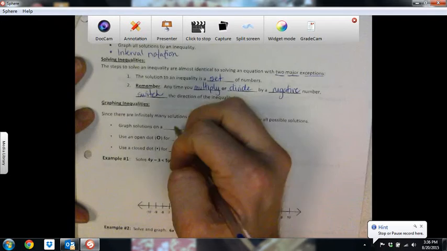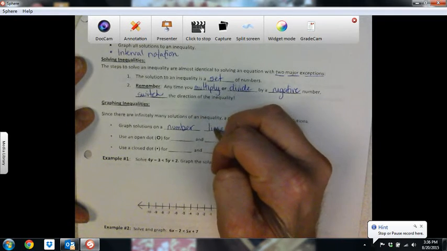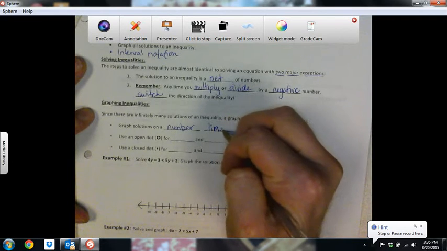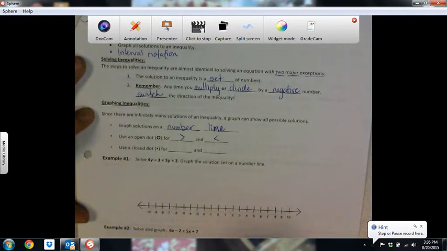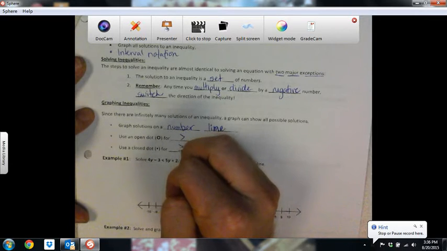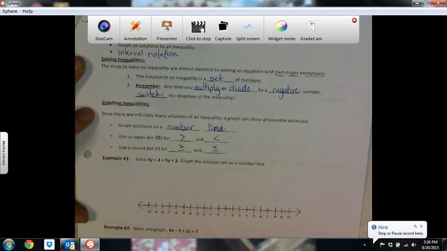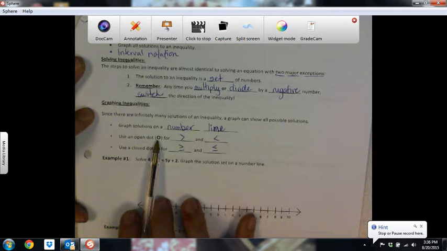So we would graph the solutions on a number line, and we have to make a distinction between greater than and less than symbols, which get an open dot because we can get up to that number but not include that number in our solution set, or greater than or equal to and less than or equal to. If it's greater than or less than, because the actual value that we're using, like x is greater than 2, 2 is not included in that number set, and as a result, we should not have a closed dot. We're going to show an open dot.